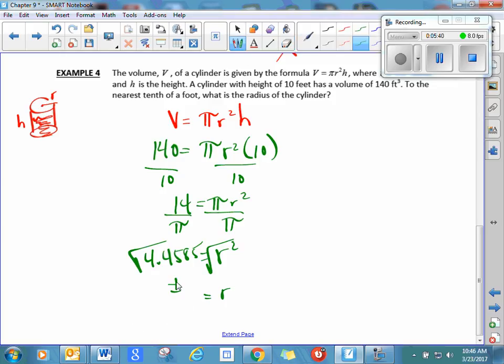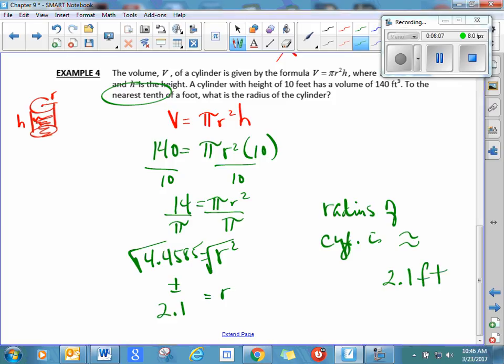It is equaling close to, and it says round to the nearest tenth of a foot, 2.1 feet. So we're going to throw out the negative answer because that doesn't make sense in our problem. And our answer is going to be the radius of the cylinder, r, is approximately, there's my little wavy sign, approximately 2.1 feet.